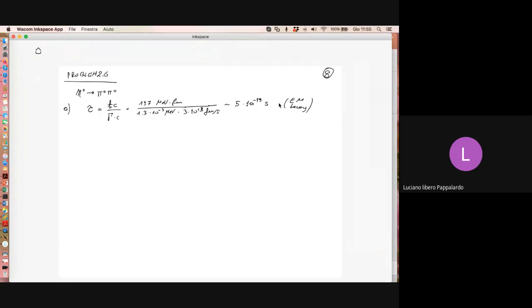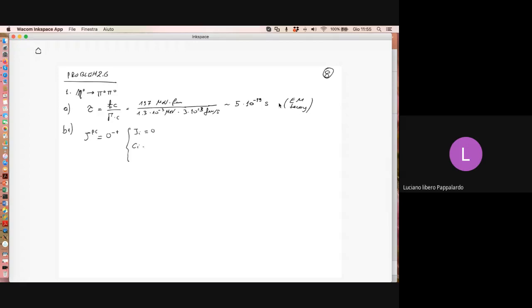So this was the first question. Let's now solve the first one. So we go for the decay eta 0 into pi pi, okay? So we know from the text that JPC is equal to 0 minus plus. And so here we can learn a lot. So first of all, we know that the initial angular momentum must be 0.